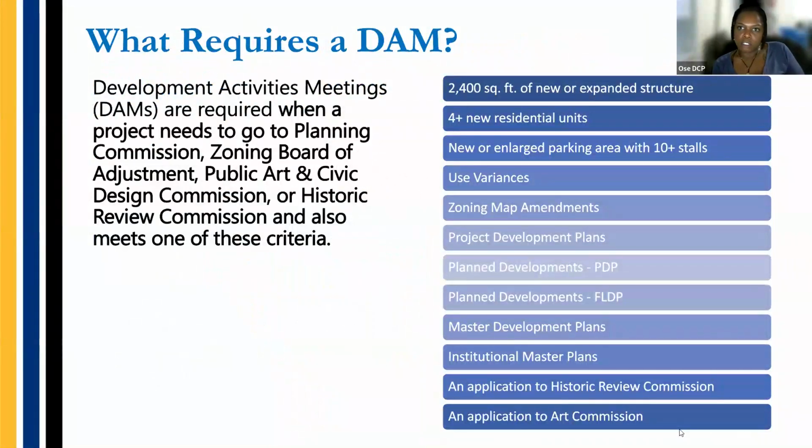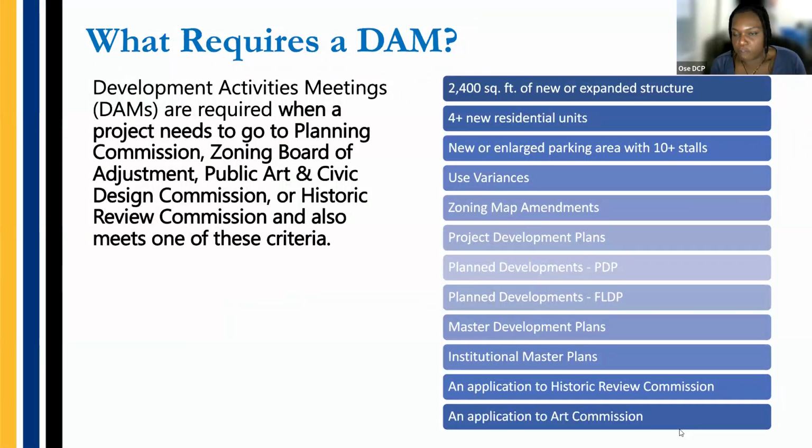So what requires a development activities meeting? It is when a certain project meets a threshold and needs to go before the Planning Commission, Zoning Board of Adjustment, Public Art and Civic Design Commission, or the Historic Review Commission, and also meets one of these criteria.